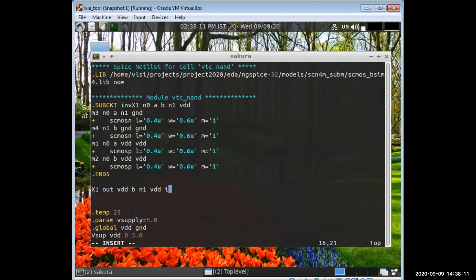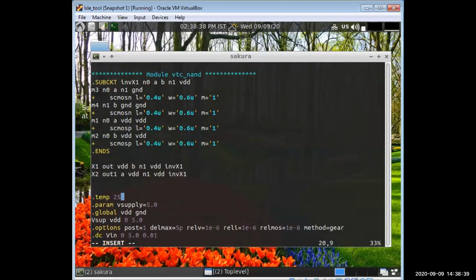Then name the subcircuit, which is INV X1. Then another subcircuit X2. This is out one terminal, let it be out1 because I have to see the VTC curve here as well. Here the node is A, and the B node is now VDD. I'm keeping the B node as constant: N1, then VDD, and INV X1.